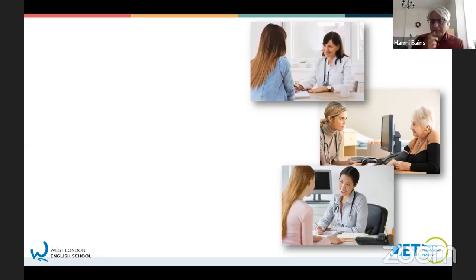And remember, when you do these consultations, put yourself in the position of the patient. If you can see these three pictures here, I'd say I'd be quite happy to be a patient of all of these doctors and nurses. Attentive, listening, smiling, and making the patient feel comfortable. So don't make your language too formal.